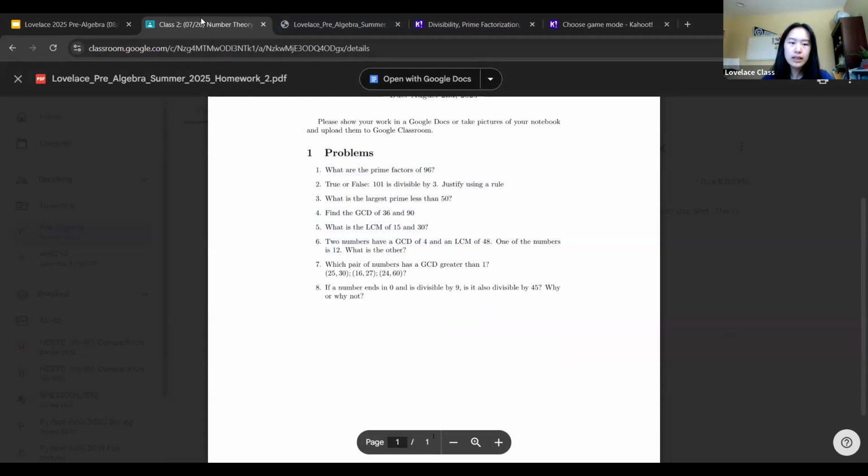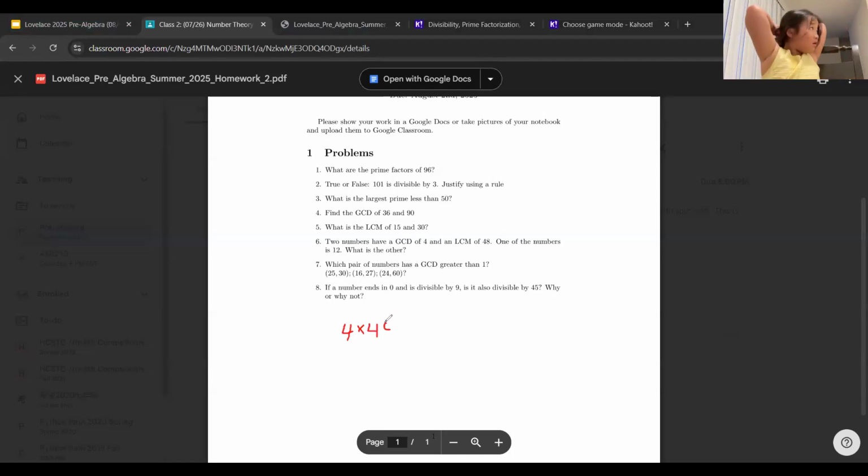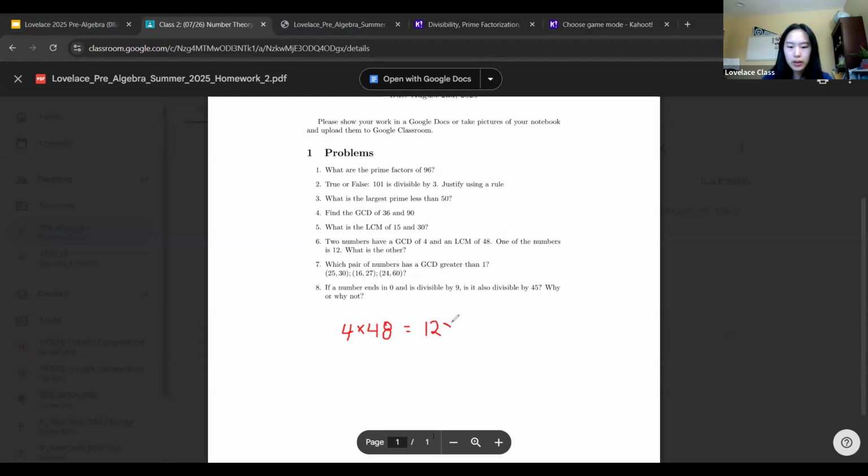So in this case, we know the GCD is 4, so 4 times 48 is equal to the product of the two numbers, right? And we know that one of the numbers is 12, so 12 times some other number is equal to 4 times 48.